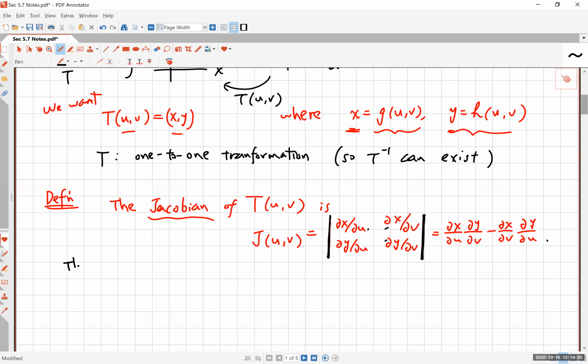And then here's a theorem which will allow you to do this transformation in order to determine the value of a double integral in xy in terms of u and v, right?